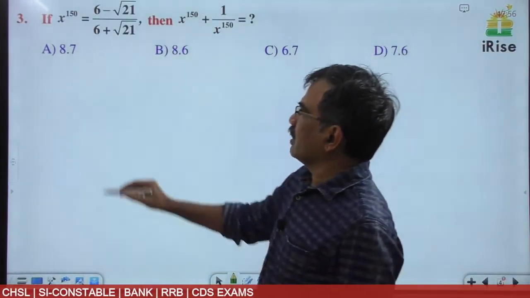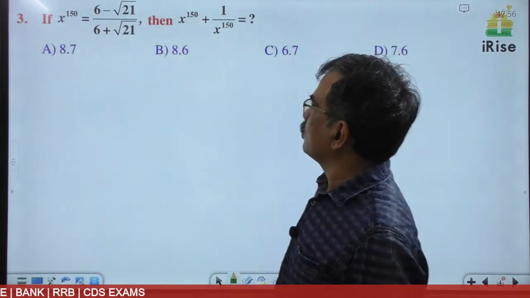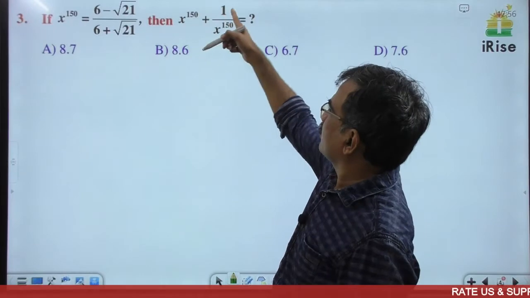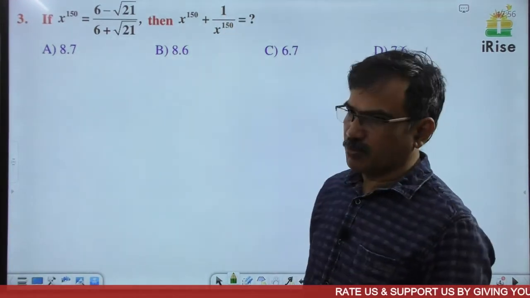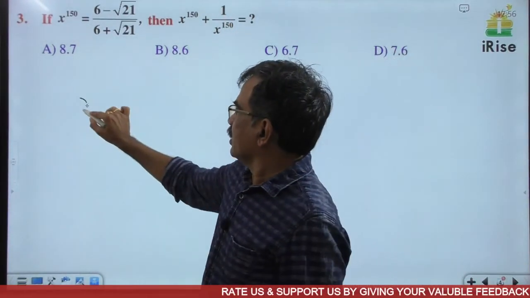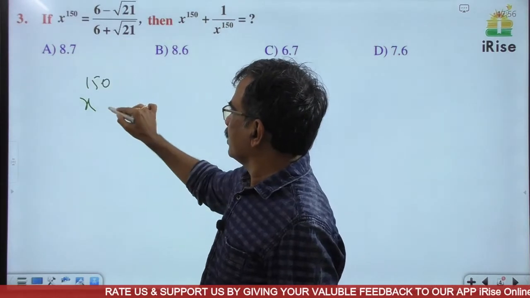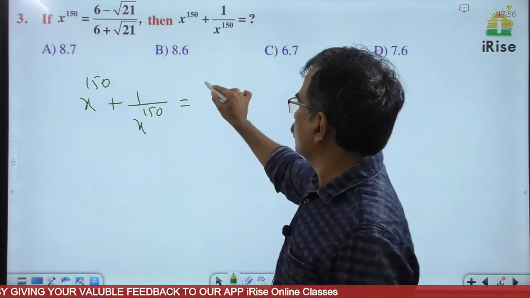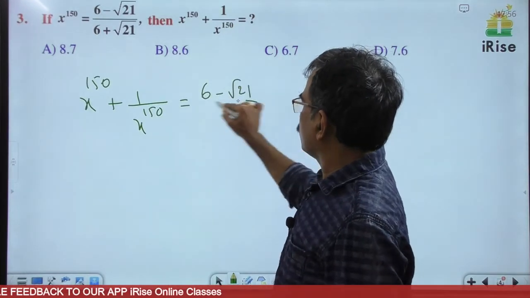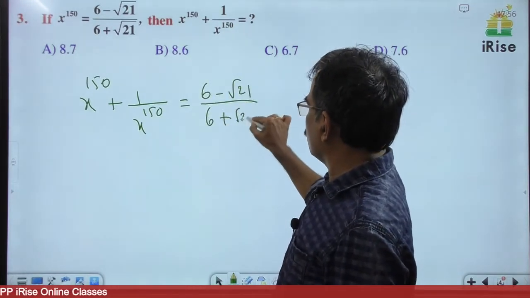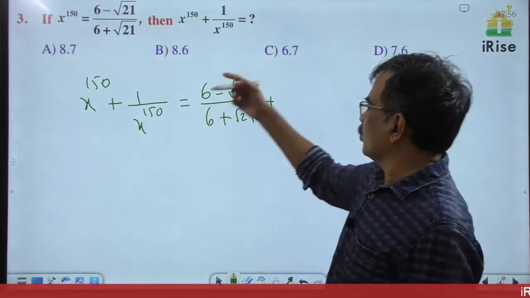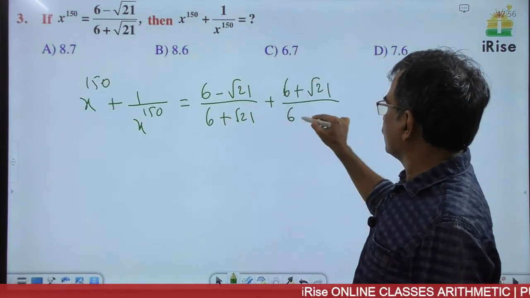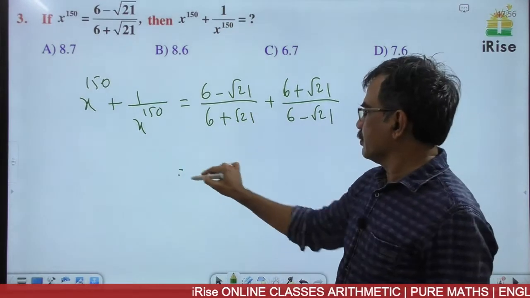If x power 150 is equal to 6 minus root 21 by 6 plus root 21, then what is x power 150 plus 1 by x power 150? Here x power 150 plus 1 by x power 150 is equal to 6 minus root 21 by 6 plus root 21, and this is the reciprocal of the first one, 6 plus root 21 by 6 minus root 21.